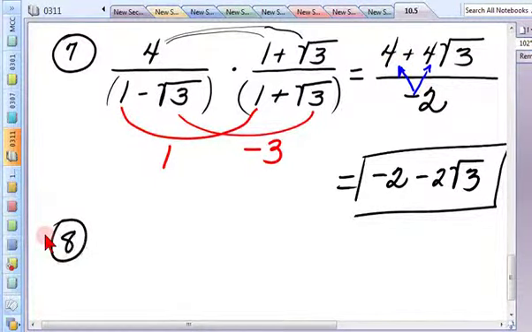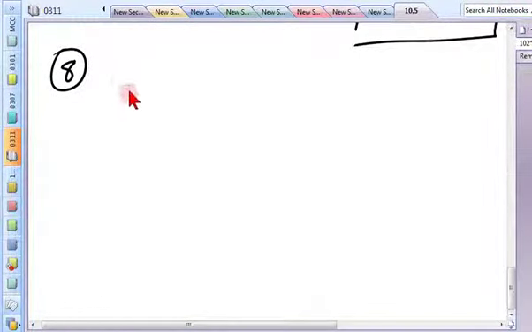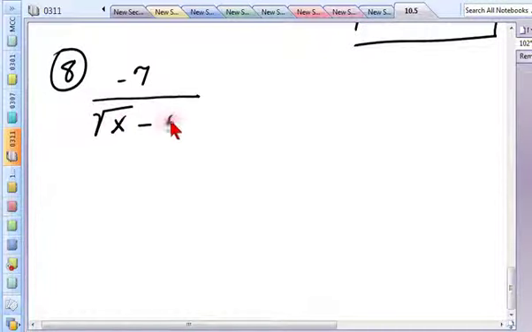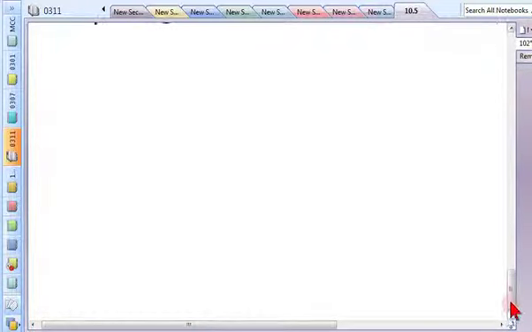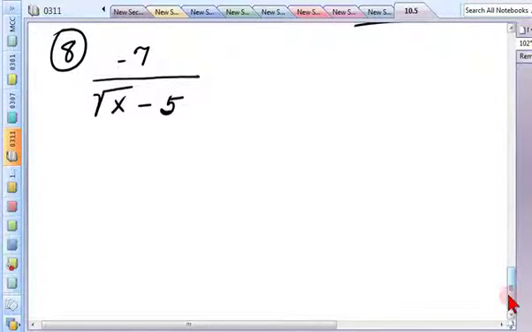Number 8. I have negative 7 over the square root of x minus 5. All right, I can't simplify anything, so I'd like to rationalize the denominator.